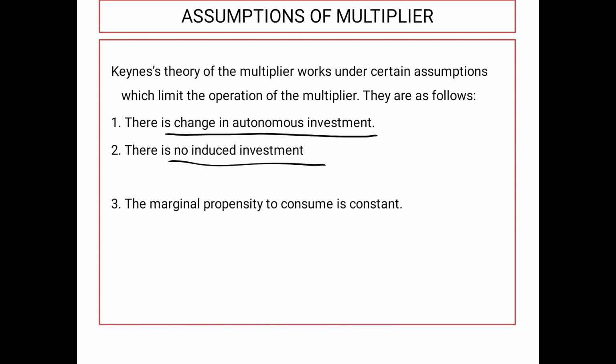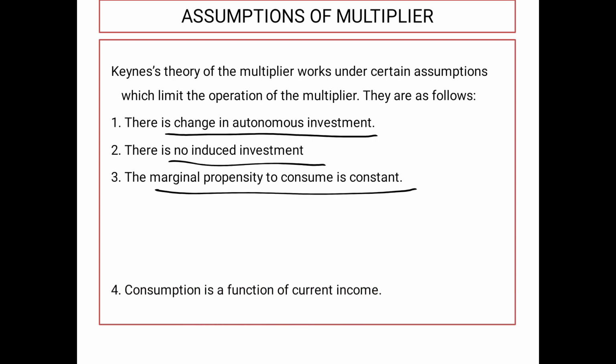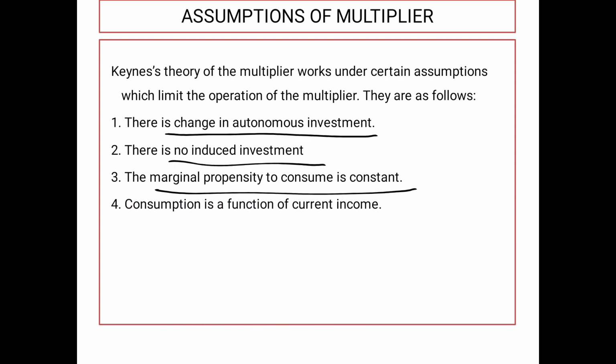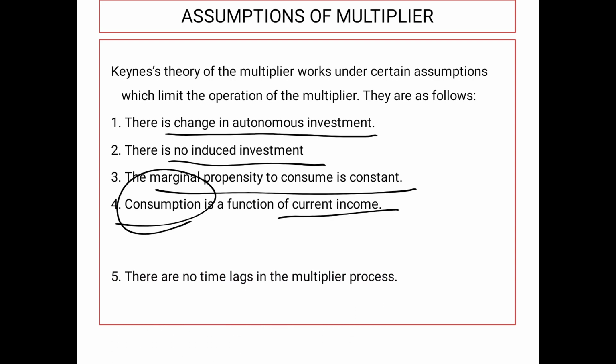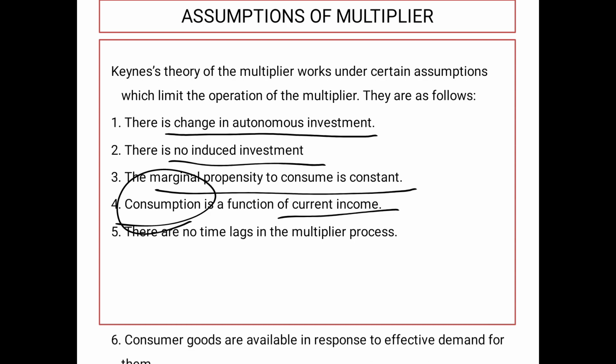Third, the marginal propensity to consume is supposed to be constant. That is, MPC is supposed to be constant. But you can think MPC cannot always be constant, it keeps on changing. Fourth, consumption is a function of current income, so your consumption depends upon your income. There is no time lag in the multiplier process.